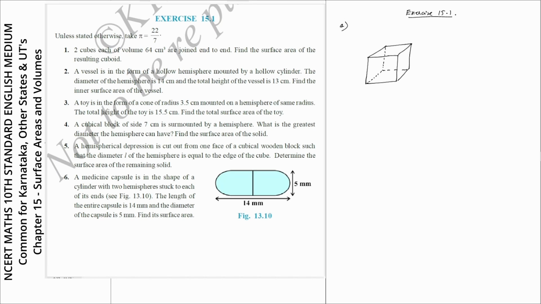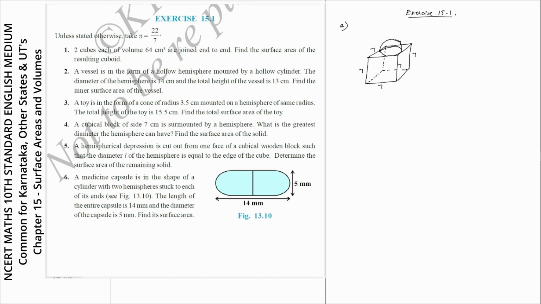Now given the sides of the cubical block is 7 centimeter, that is 7, 7, 7, 7 like this, okay, everywhere it is 7, and upon this there lies a spherical, sorry, there lies a hemisphere, okay. Hemisphere will be like this, okay.